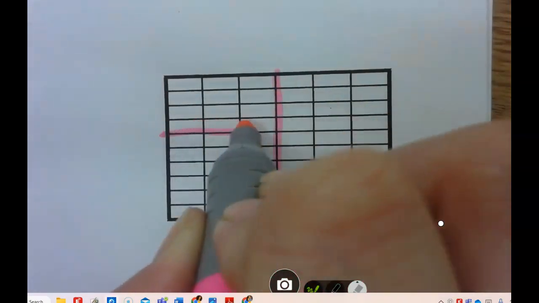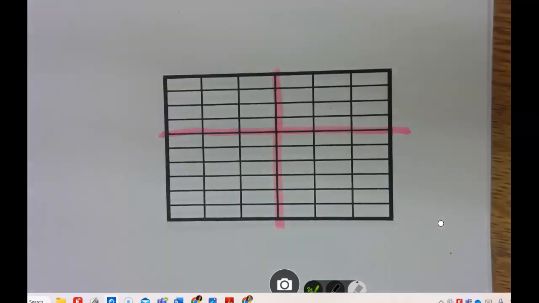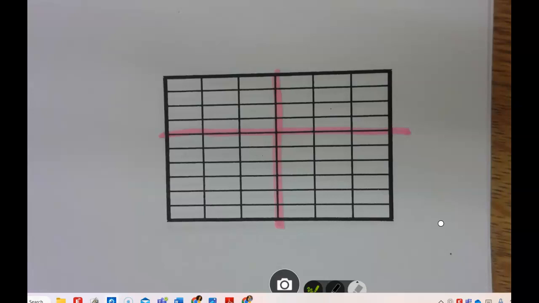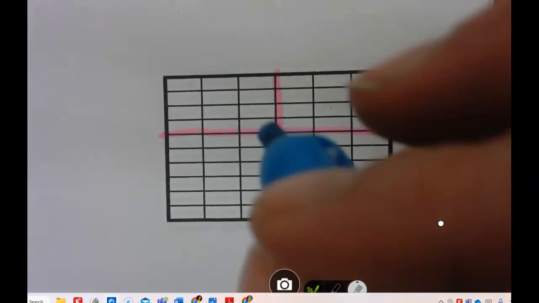And on the fourth line down, draw in a line to cut the graph there. So go ahead and copy my pink lines. And then I'm going to create 2 graphs, and I want you to write their equations.